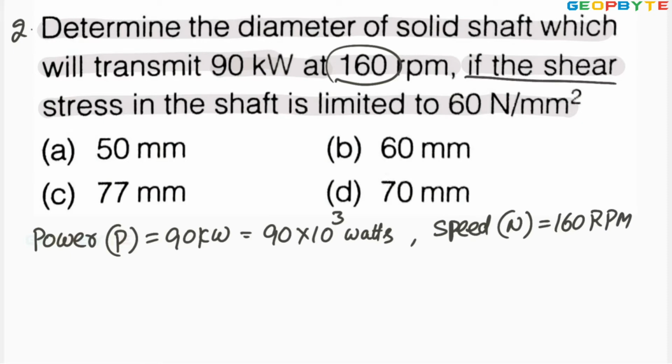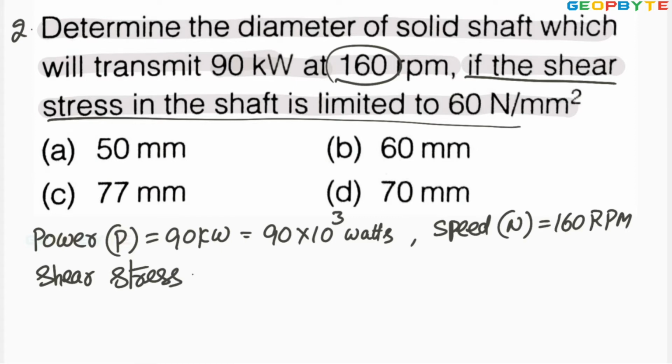If the shear stress in the shaft is limited to 60 Newton per mm square, shear stress tau equal to 60 Newton per millimeter square. What is the diameter of the shaft D?